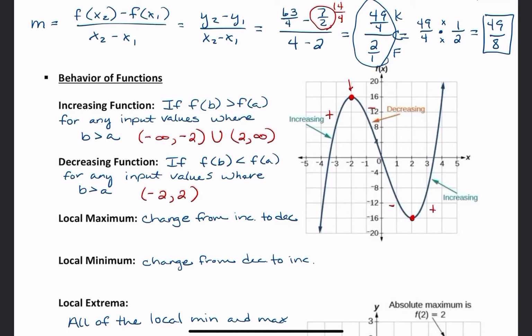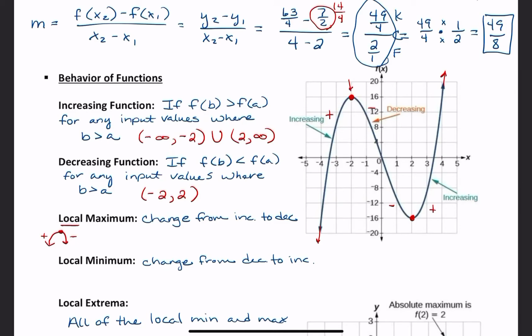A local maximum is changing from increasing to decreasing. So basically, that's going to be a peak in your graph where you're changing from increasing to decreasing. So that's called a local maximum. I can't say it's the highest or lowest point of the whole graph because notice this one is going on forever and increasing forever.